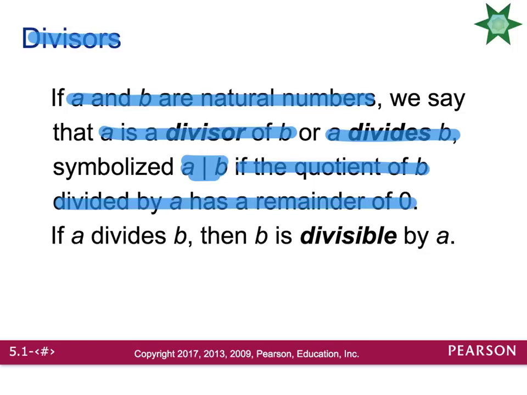In other words, B is divisible by A. So we could say, in particular, that if we take B divided by A, we get a remainder equal to 0. So that's what we mean by saying that A divides B, that A goes into B perfectly.